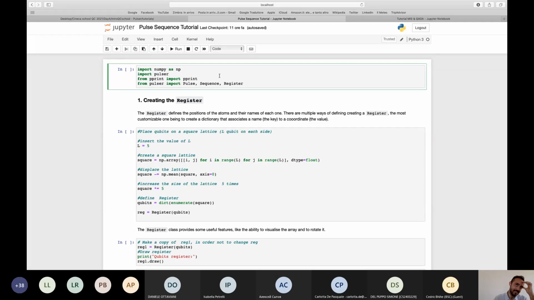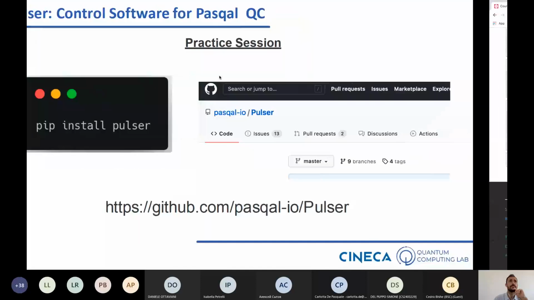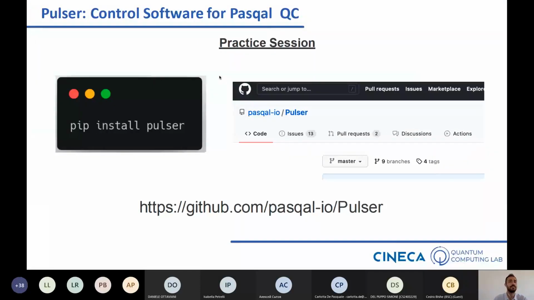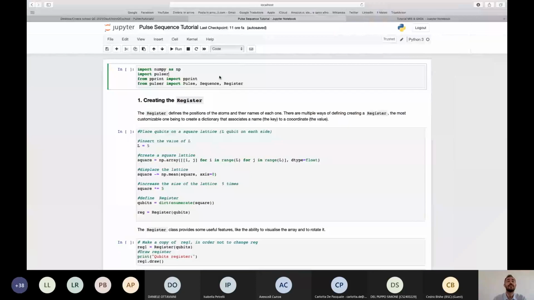Not sure. Okay, I'll try. Or just pip install Pulsar is probably enough. I really don't remember right now. However, if you're using Forward 2, it's already installed.